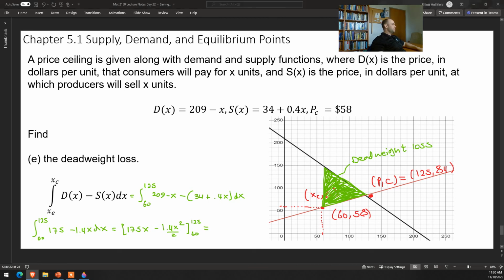I'm going to let the calculator do that one for me. And I got 2,957.50.